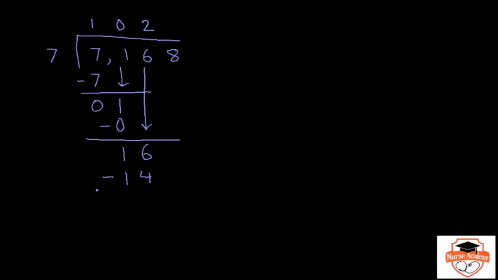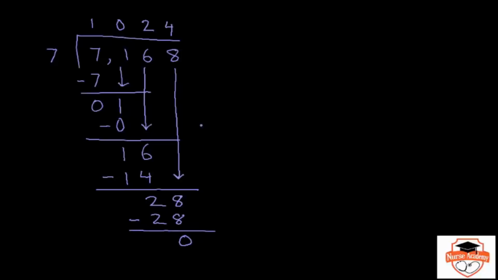Subtract: 16 minus 14 is 2, and then bring this 8 down to make it 28. 28 divided by 7 is 4 because 7 times 4 is 28. And it seems like we have come to the end of the problem because when you multiply 7 with 4, you get 28. Subtract, you get a 0, and not only that, there's no other digit over here.